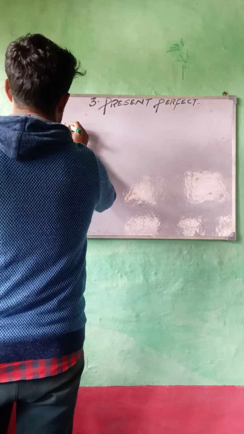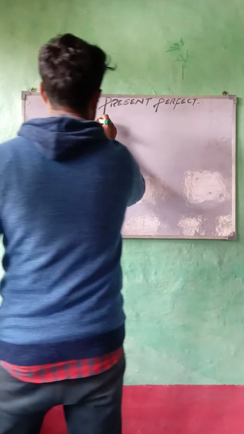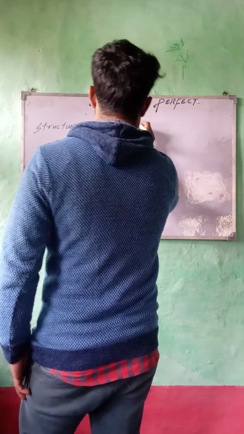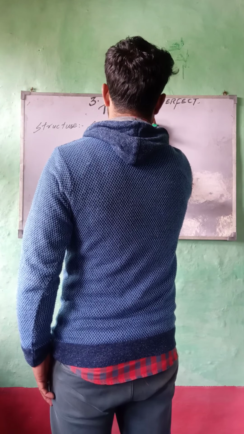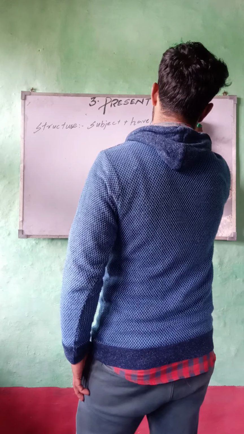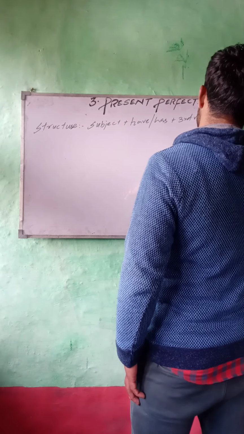Structure. The structure of present perfect: subject plus have or has plus third form of verb and remaining part of the sentence.